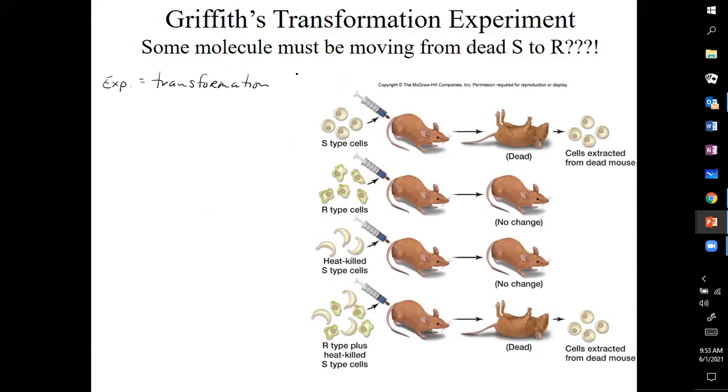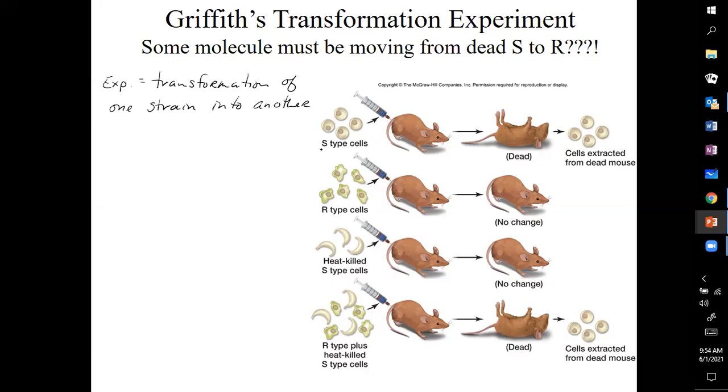He transformed one strain of bacteria into another type. So he did a transformation of one strain of bacteria into another. He changed the traits. He transformed the traits. How did he do it?